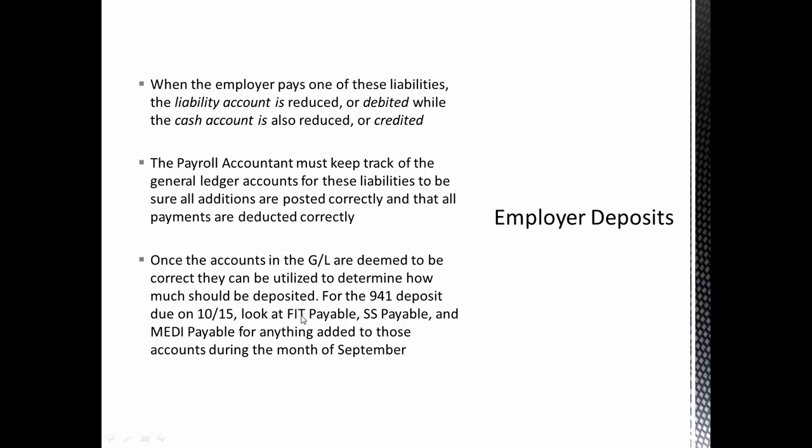So the total in FIT payable at the end of September, the total SS payable at the end of September, and the total Medicare payable at the end of September, those added together is what you owe on October 15th. But again, you need to first check and make sure that everything was done correctly before you just use those numbers.